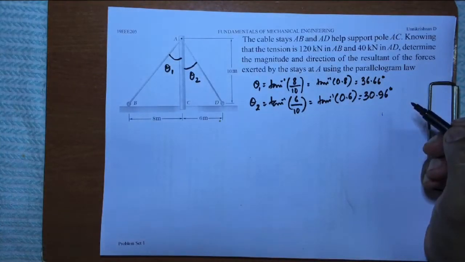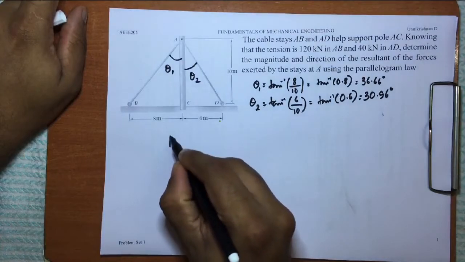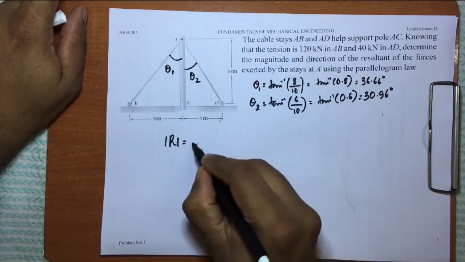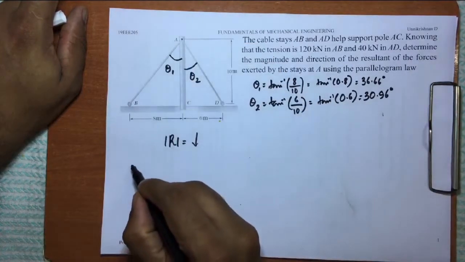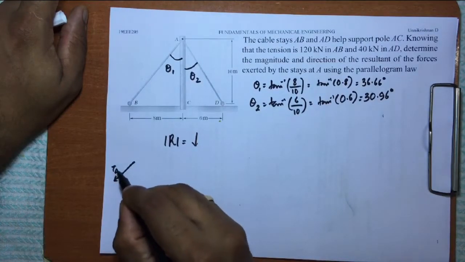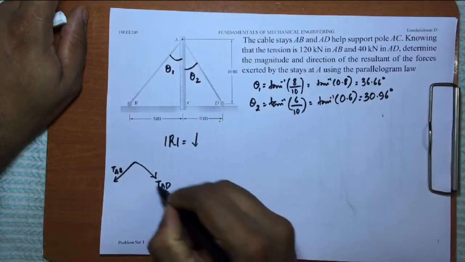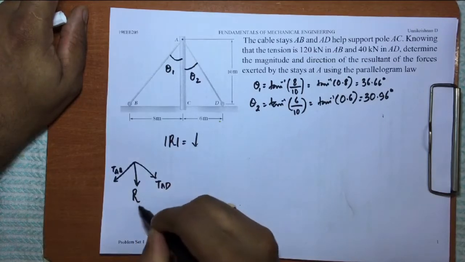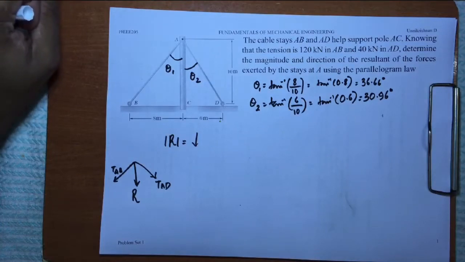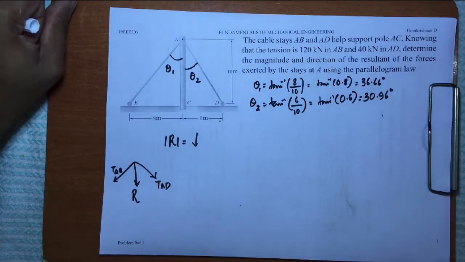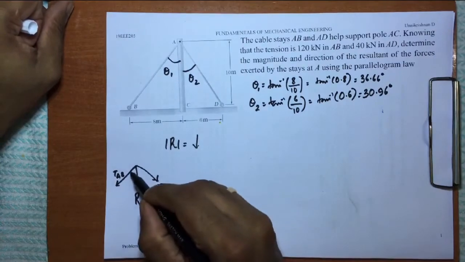How to find the resultant magnitude? Now, let us write the equation. Let us define the force vectors here. This is TAB, this is TAD, and let this be the resultant R, which need not be acting along AC, but it is resultant R. It is not given that the resultant is acting vertically downwards, so you can use any of these directions as R. But the angle theta 1 plus theta 2 will remain the same.